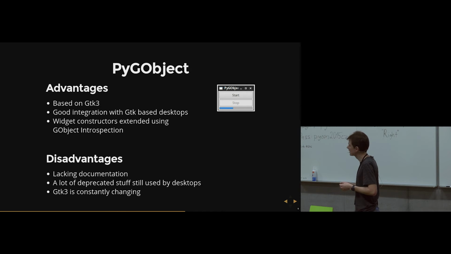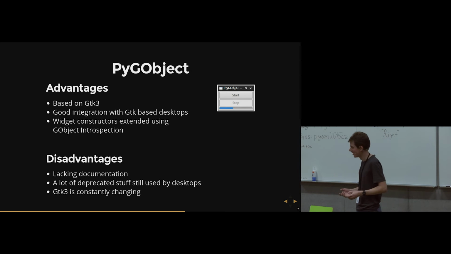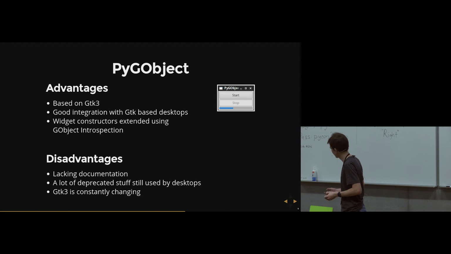Disadvantages: it's kind of new, so the documentation is not really good. Also, the GTK 3 library is moving forward a lot, and they break things, they deprecate things. When I was trying to make my example work again, I spent an hour finding out what they removed. So it's kind of fuzzy in this way.